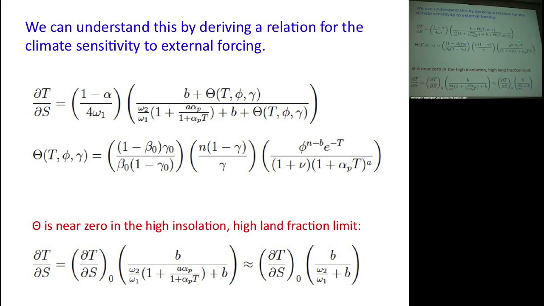But what you can see, and this is critical, is there's this e to the minus T. And so anything that gets temperature more than 10 degrees, 20 degrees warmer than today is going to kill this term, even if it's just 10 degrees. You get this term totally killed, and you end up in a limit where dTdS is just equal to this constant. And that actually is a very good description of all of those planets broadly. And so this is a mathematical explanation of why in the model you get those constant dTdS values and those wide habitable zones for such a large land fraction range.